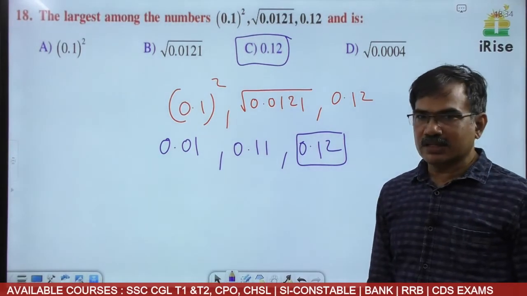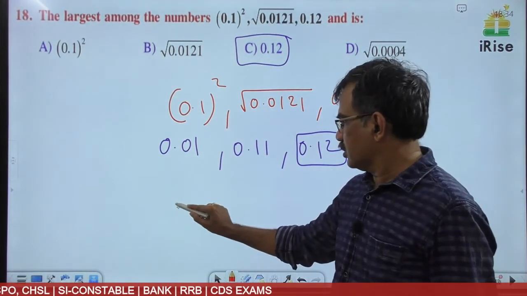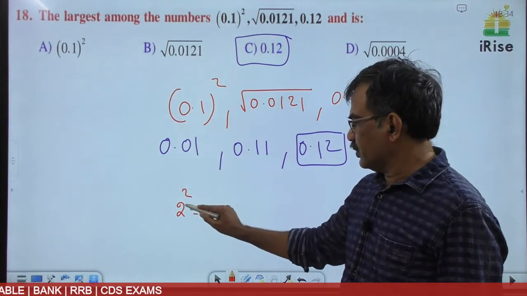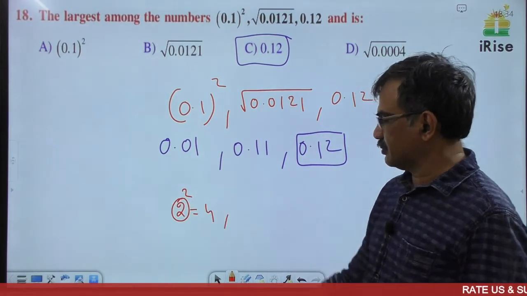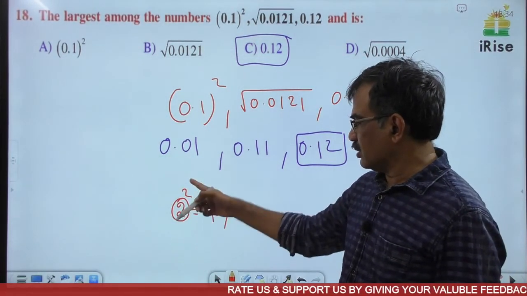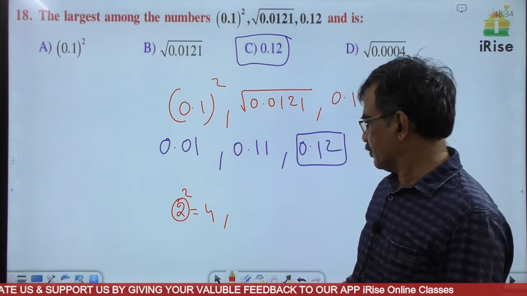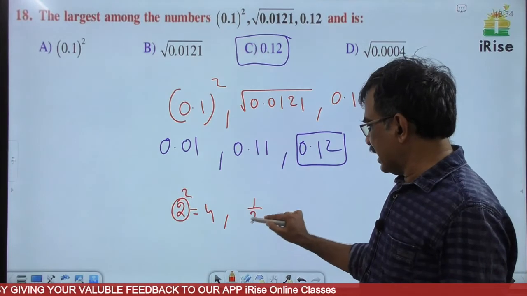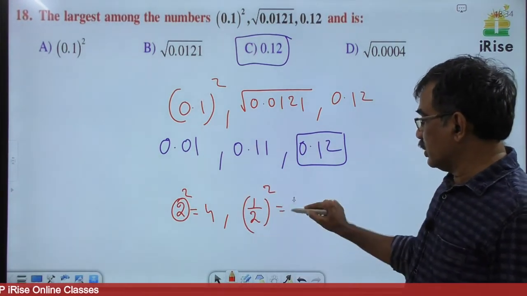Here, a very important thing: in numbers, if the value is more than 1 and you square it, the value increases. Square, cube, the value increases. If it is less than 1 and you square it, the value decreases.